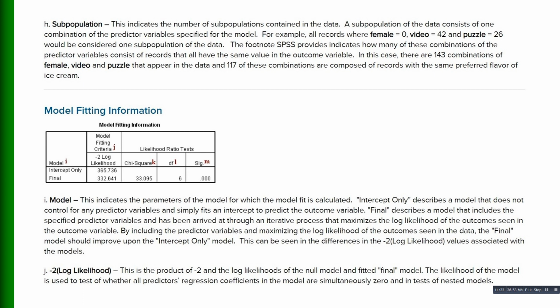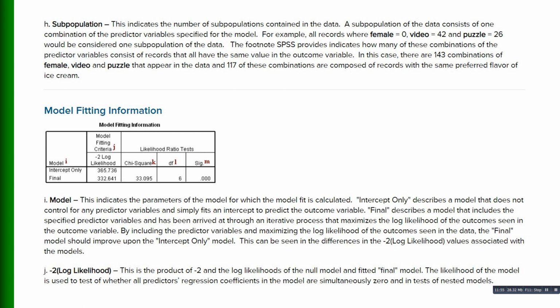The footnote SPSS provides indicates how many of these subpopulations of the predictor variables consist of records that all have the same value in the outcome variable. In this case, there are 143 combinations of female, video, and puzzle that appear in the data, and 117 of these combinations are composed of records with the same preferred flavor of ice cream.